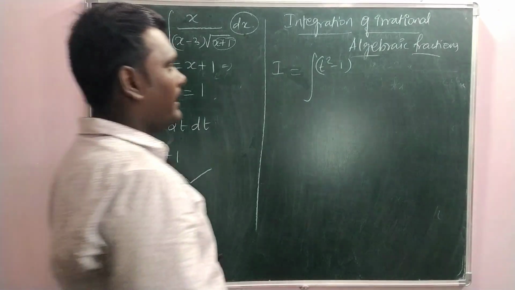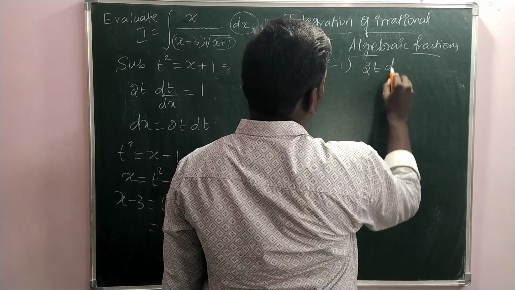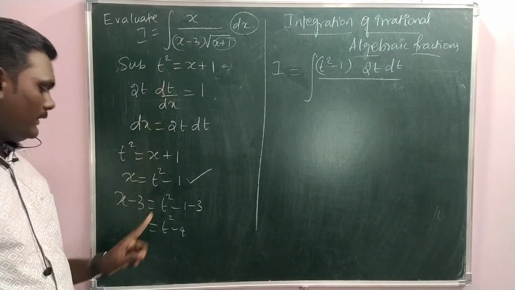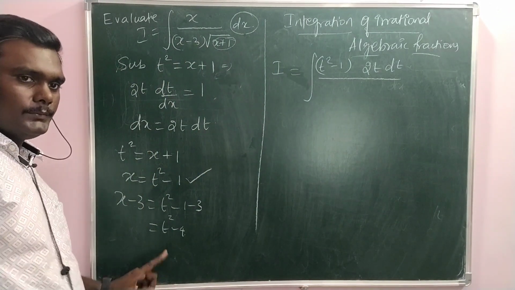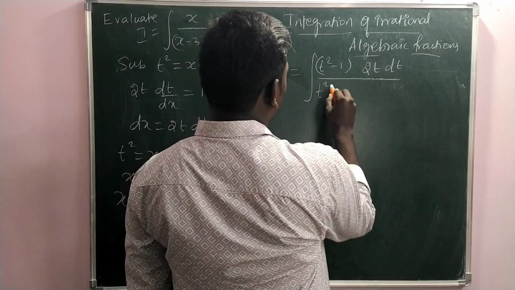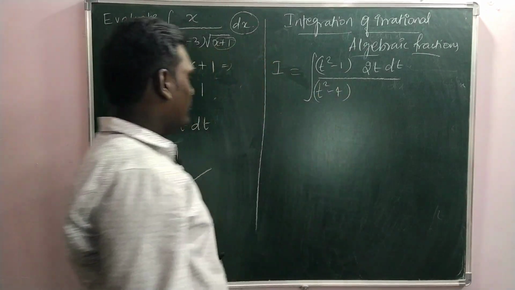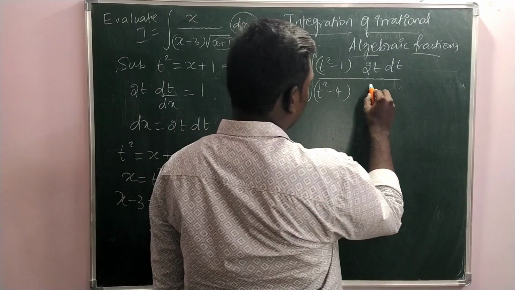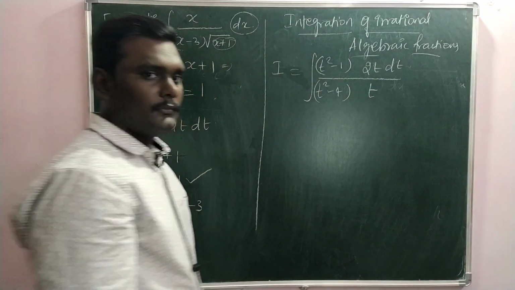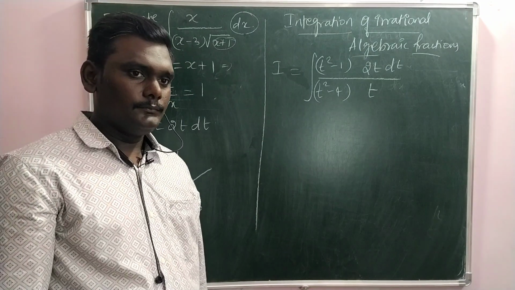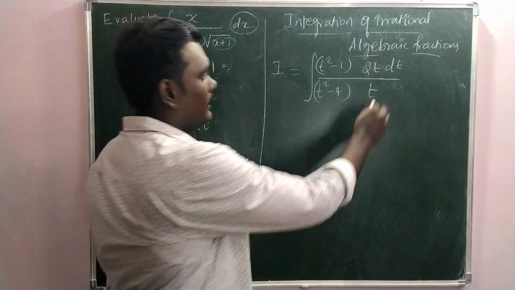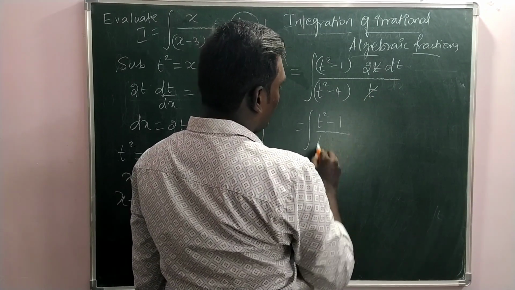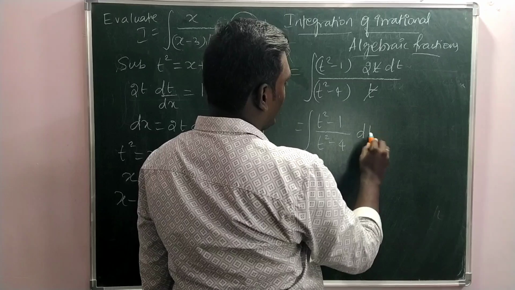It is 2t dt, divided by, in place of x minus 3, t square minus 4, into, in place of root of x plus 1, what do we substitute? It is t. Root of t square, that is t. Then that t and this t get cancelled. We get the integral of t square minus 1 by t square minus 4 into dt.